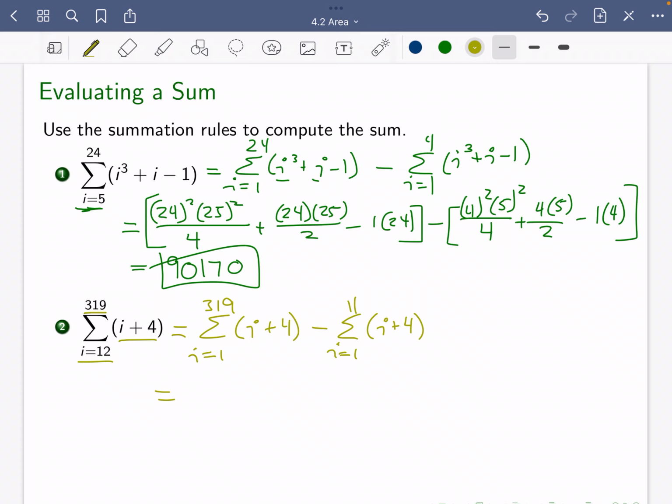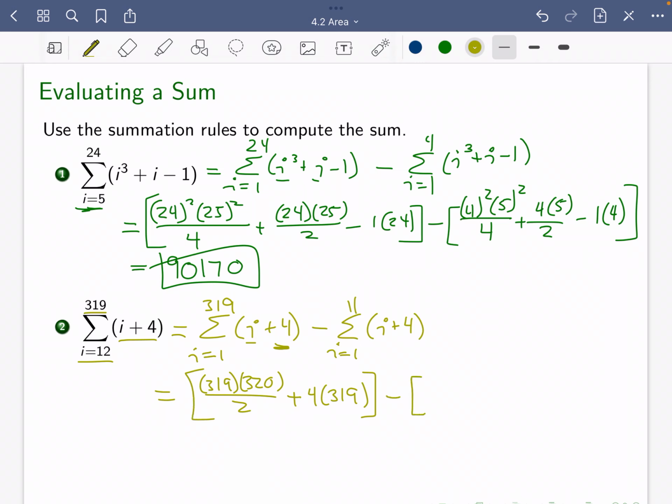And then we can apply our summation rules. So the sum of i is the upper limit times 1 more than the upper limit over 2, plus 4 times that upper limit. That's for this piece, summing the constant 4 up 319 times. So that's our first summation.